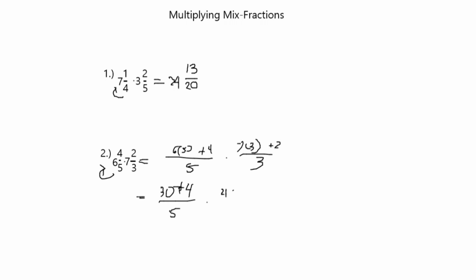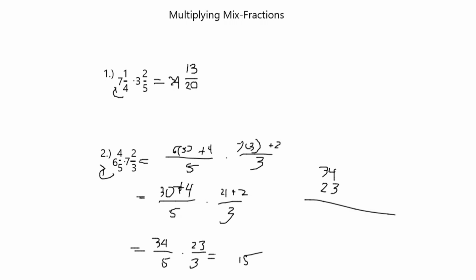And then 7 times 3 is 21 plus 2 over 3. So now let's add the numerators first. So 34 over 5 multiplied by 23 over 3.